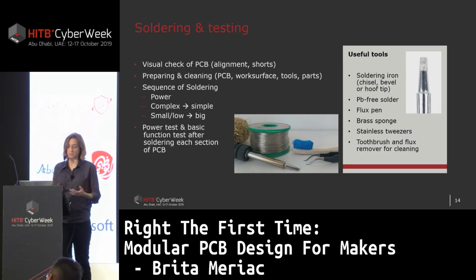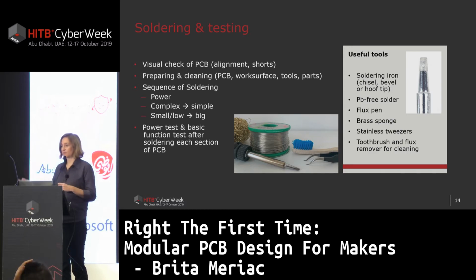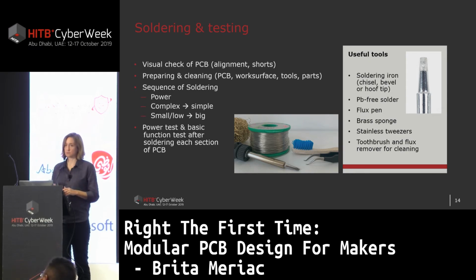So clean the PCB, clean your surface, clean your mind, and start with soldering, mostly the most important part, the power part, and continue from there on, from complex to simpler parts, from smaller components to bigger components. But continue only after you really tested, not only power tested, but also function tested one section. If it works, then continue with soldering the other parts.